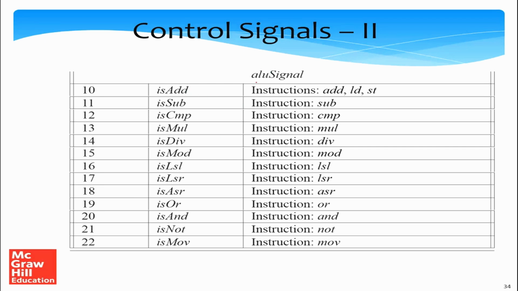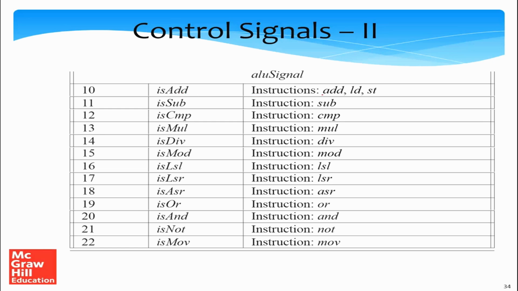Those were the basic control unit signals for the entire data path. But then let's look at the ALU signals, the signals sent to the ALU. So the is add signal is set when you want the ALU to do an addition.